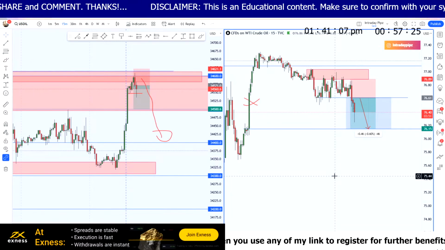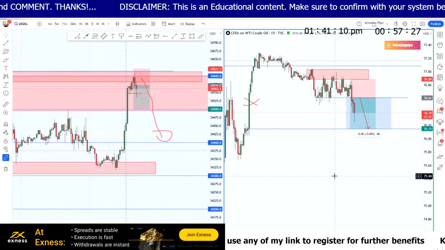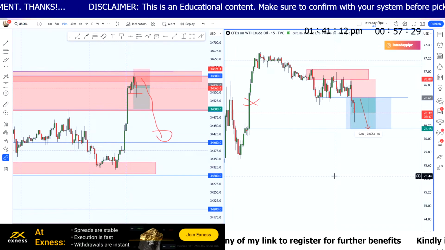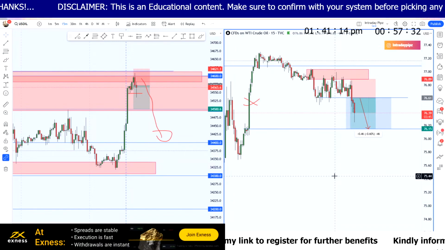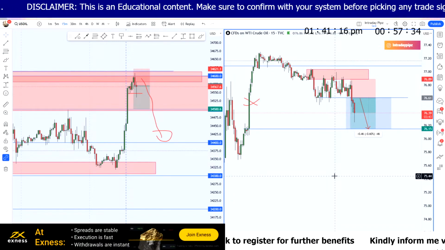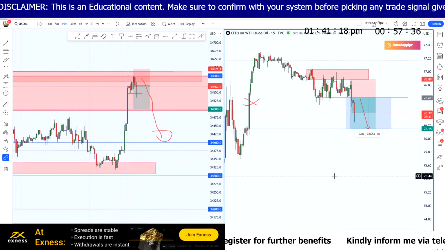So US30 almost got to target and it's now retracing. US30 is really testing our patience.